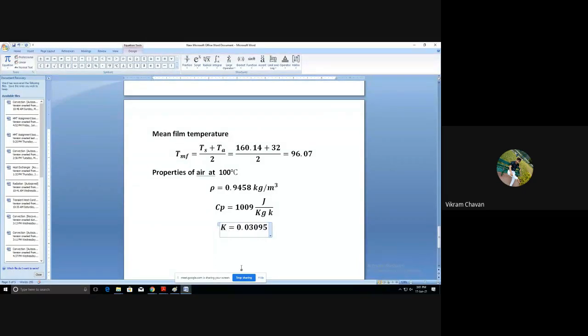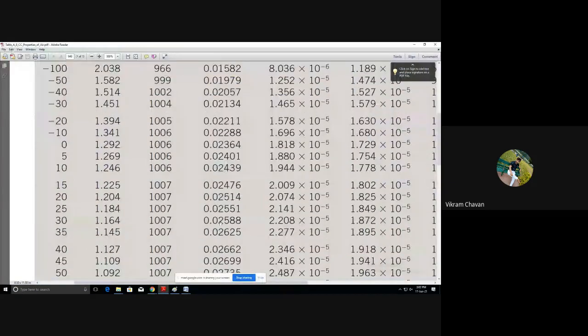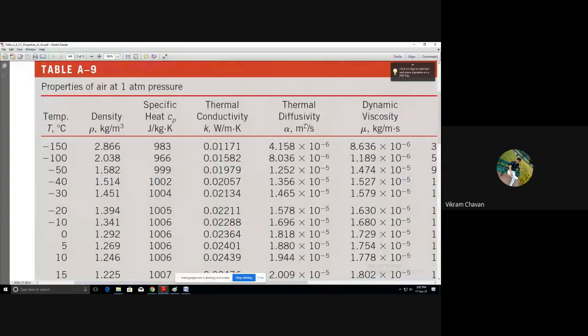You can also download that chart; there is no special requirement. Just search on the internet for properties of air and you will get that chart. K value is known to you now. Third, thermal conductivity is over. Then thermal diffusivity is not required.